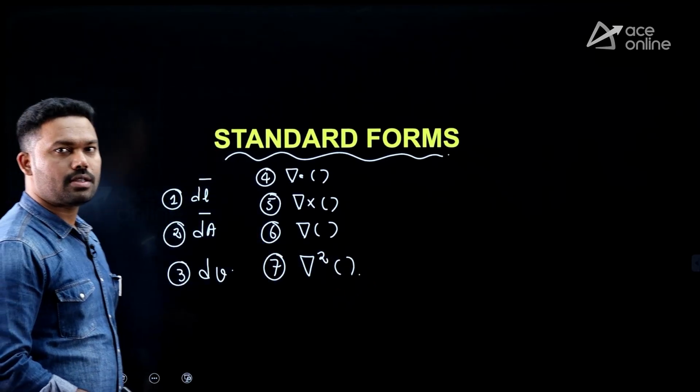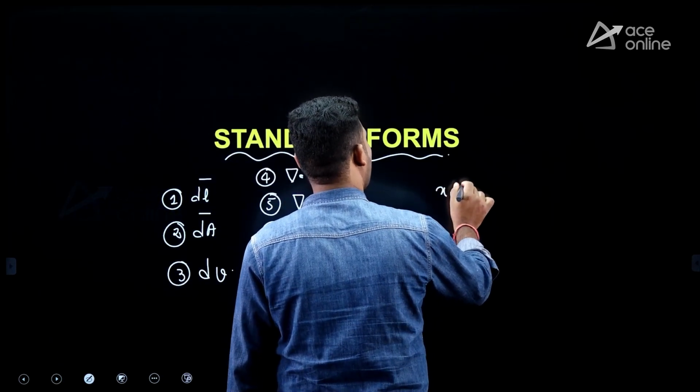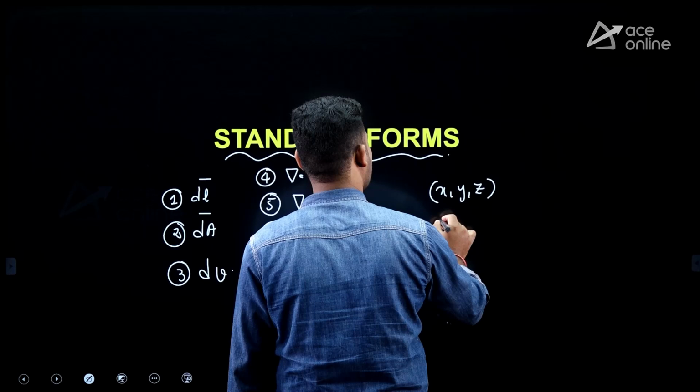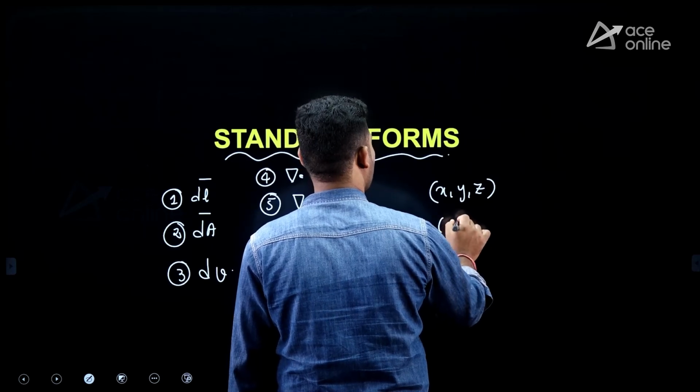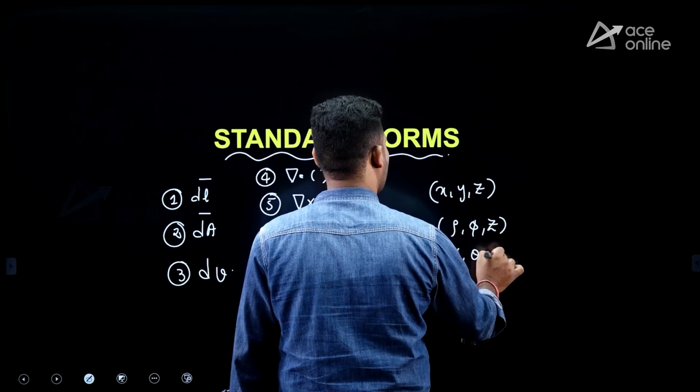Total how many operators are there? 7 operators are there. 7 operators in the 3 coordinate systems: x, y, z; rho, phi, z; and r, theta, phi.